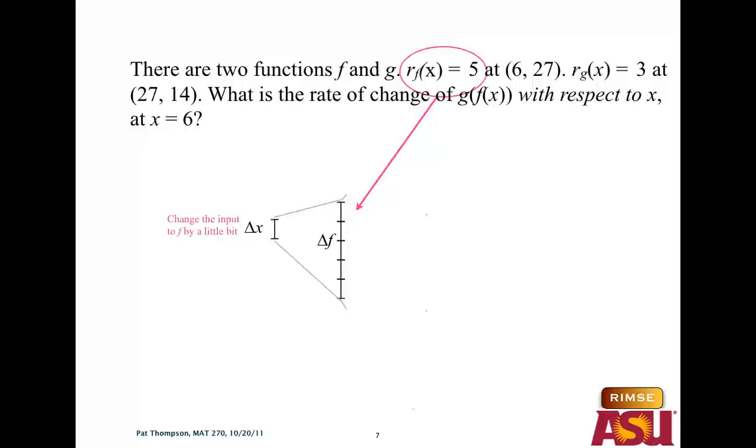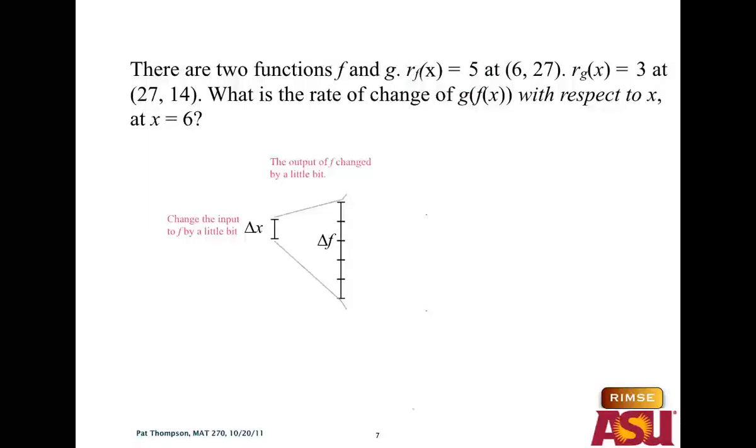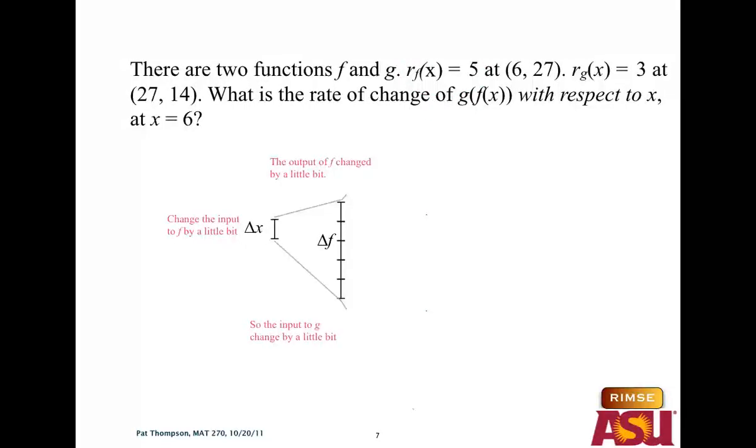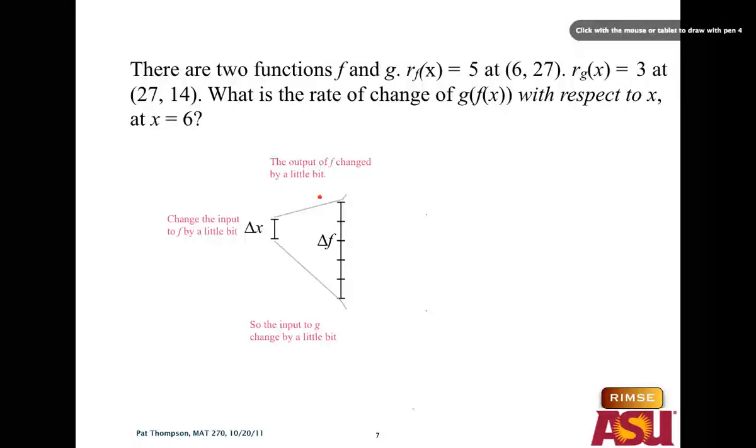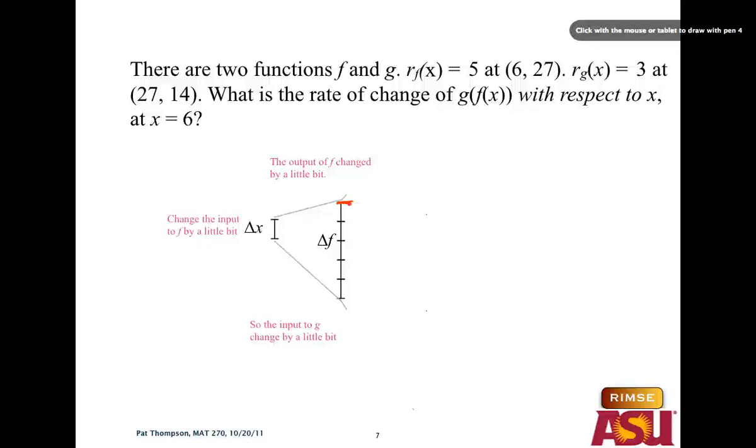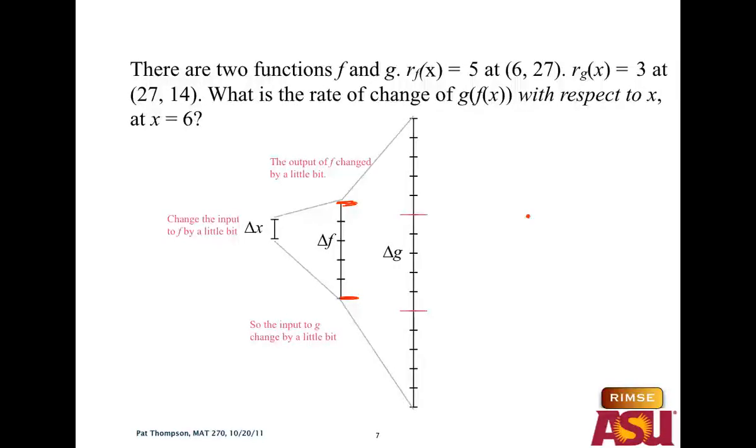Yeah, because that's what the rate of change of g with respect to its input is. So for a change of f of that much, here's the amount of change of f from here to here. G will change 3 times as much as that.